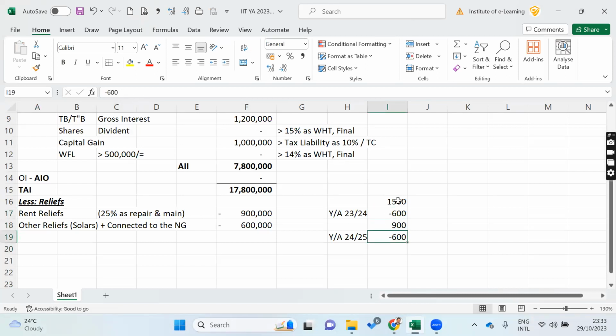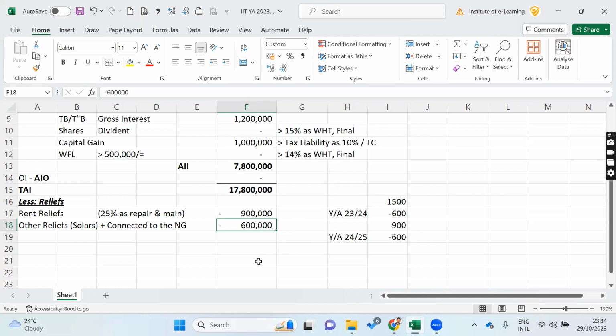Likewise, you have to maintain proper records and claim each year, right? Hope you will get the same relief in the subsequent year as well. If there is any subsequent law change and it is removed, you can't get it.